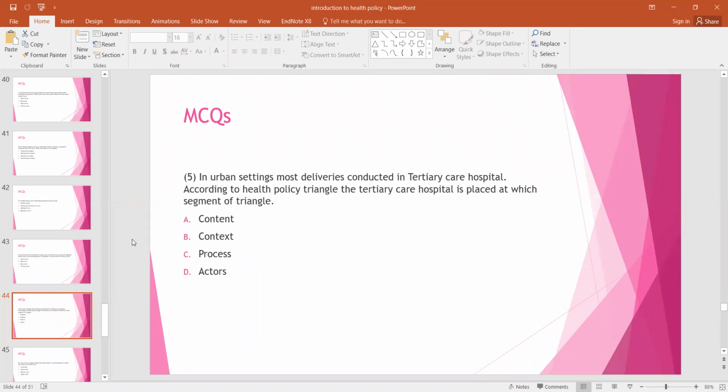No, D is the right answer, actors, because organizations are in actors, so tertiary care, at which the deliveries are conducted, is involved. So the right answer is D.